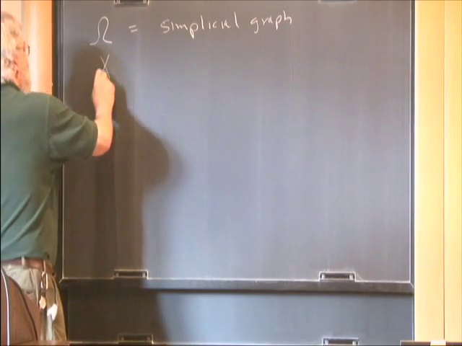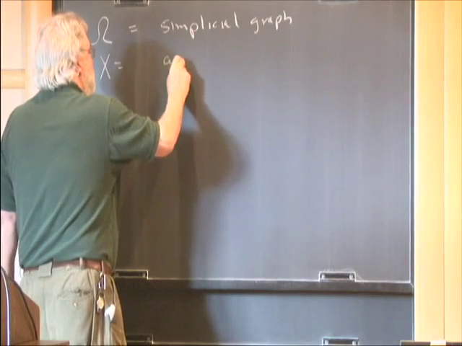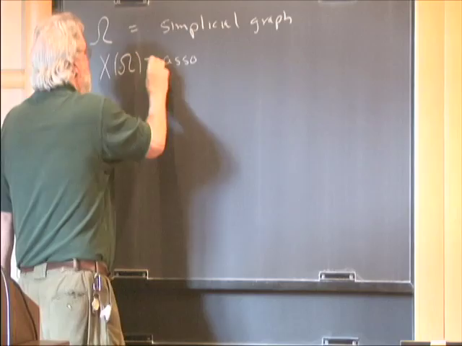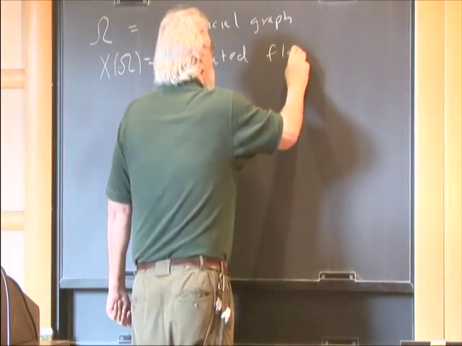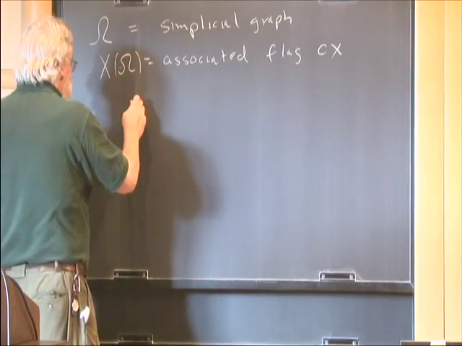And so X is the associated flag complex or Clique complex. Maybe this should be X of omega. So this is what Matthew talked about.